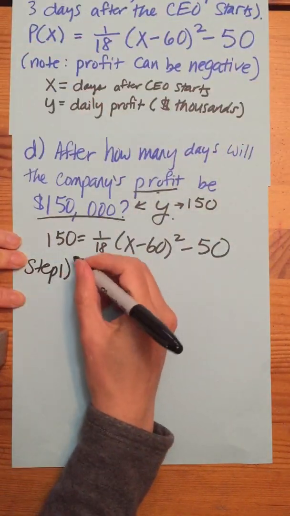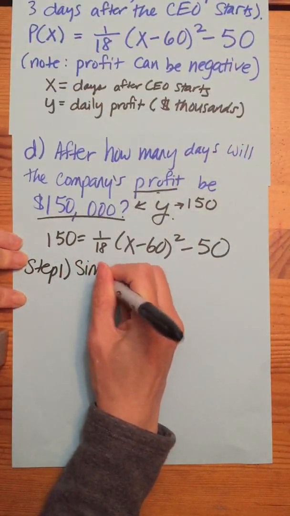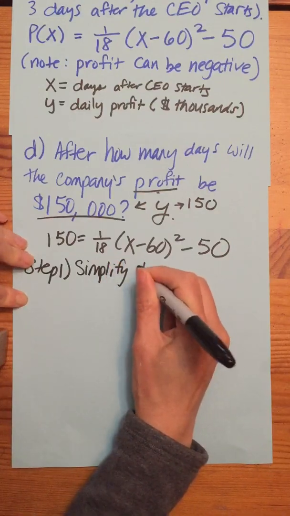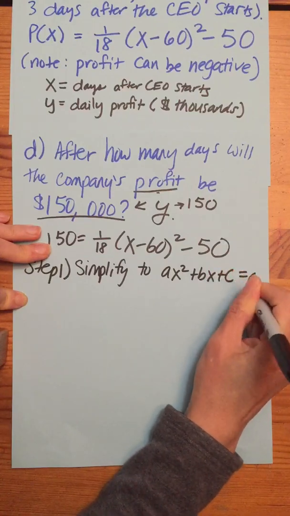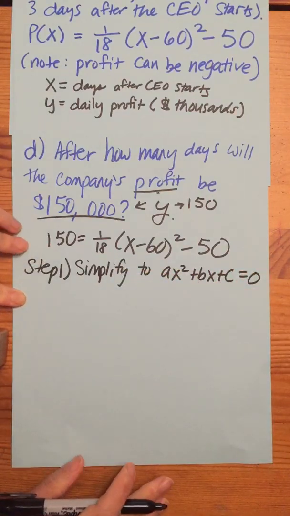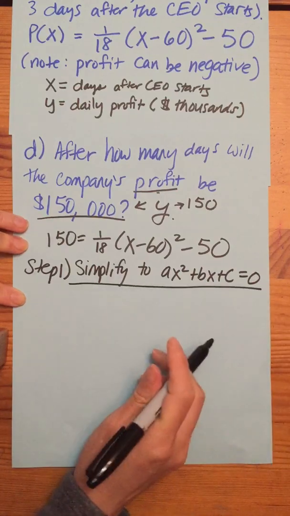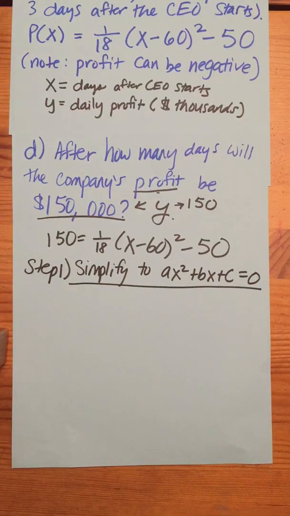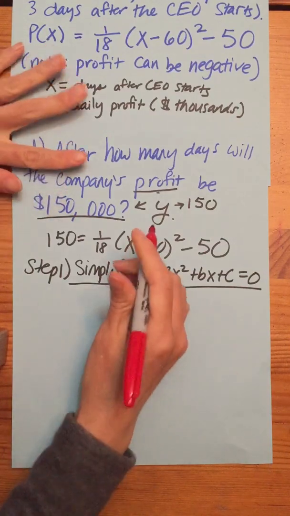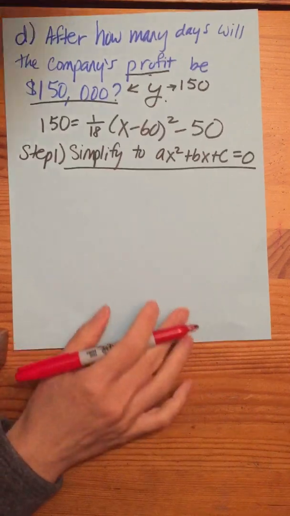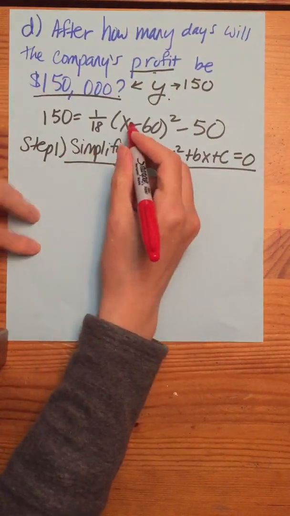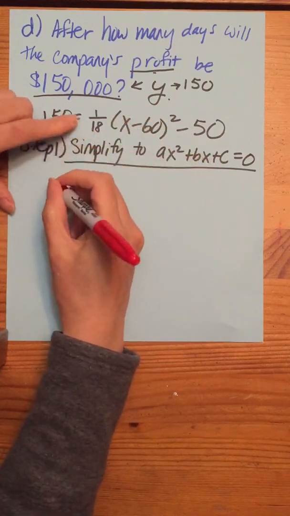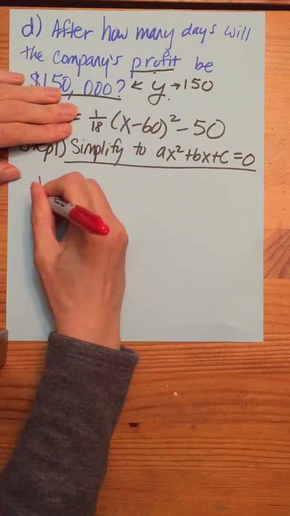Step 1 for the quadratic formula is you want to simplify the equation to standard form, which is ax squared plus bx plus c equals 0. So you need to simplify it and get it equal to 0. I'm going to take this equation and rewrite it with the 1/18 in the front.